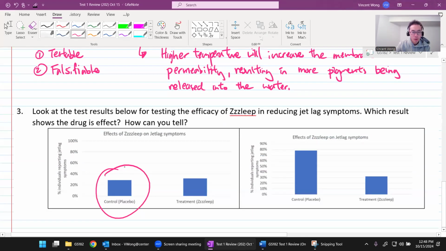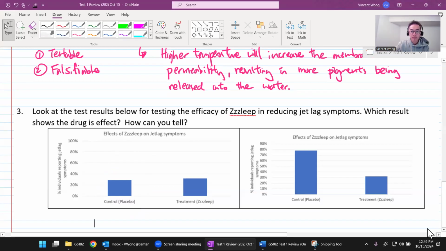We have control, which is also known as the placebo. Again, like I said, it's interchangeable in the context of doing experiments with humans. These people are basically receiving a sugar pill. They don't know about it, but we're giving them something. So here, the sleeping pill is supposed to reduce the symptoms of jet lag.